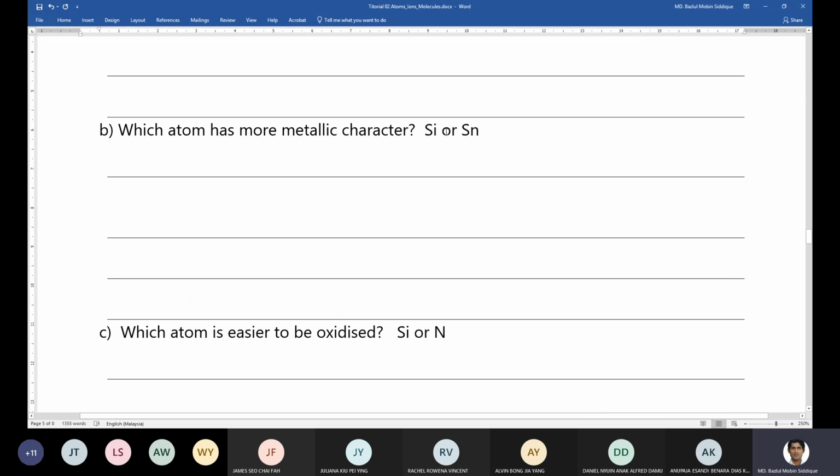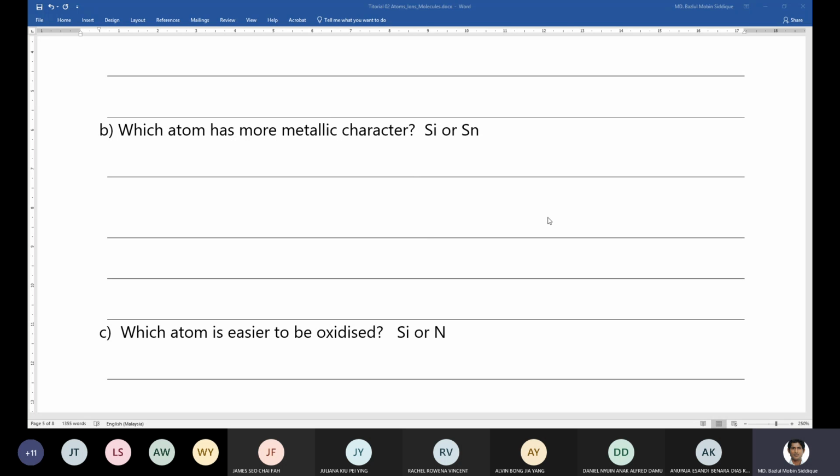Which atom has more metallic character, silicon or sulfur? Okay, silicon or tin, right?